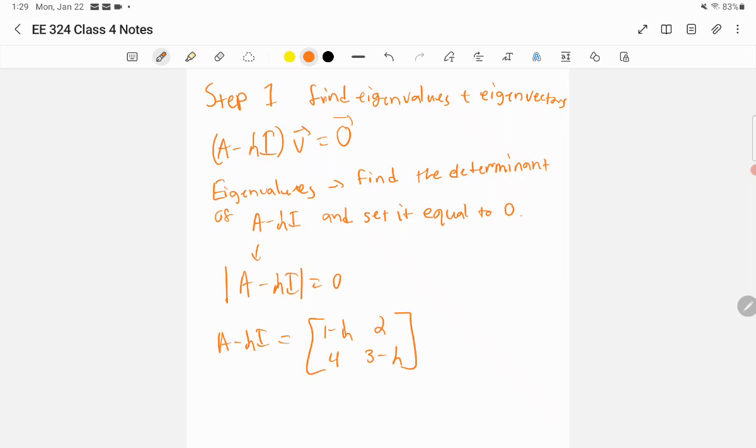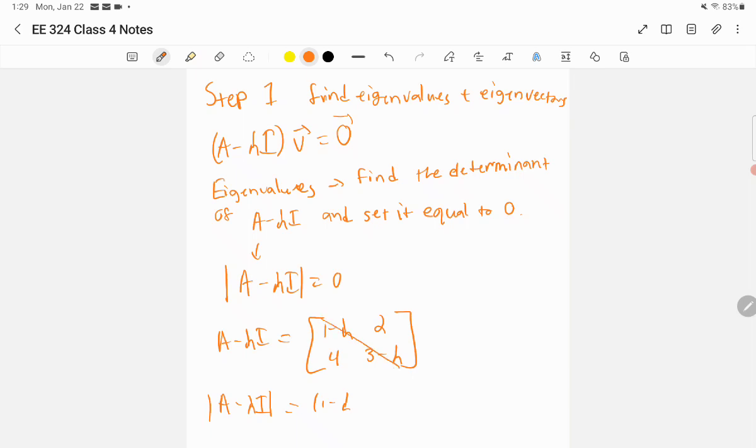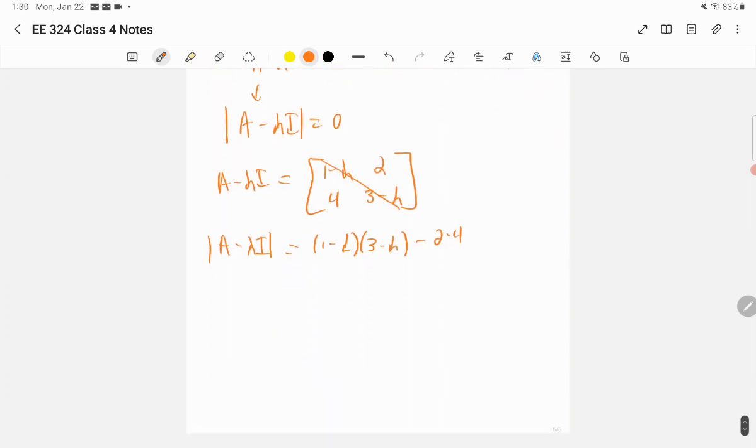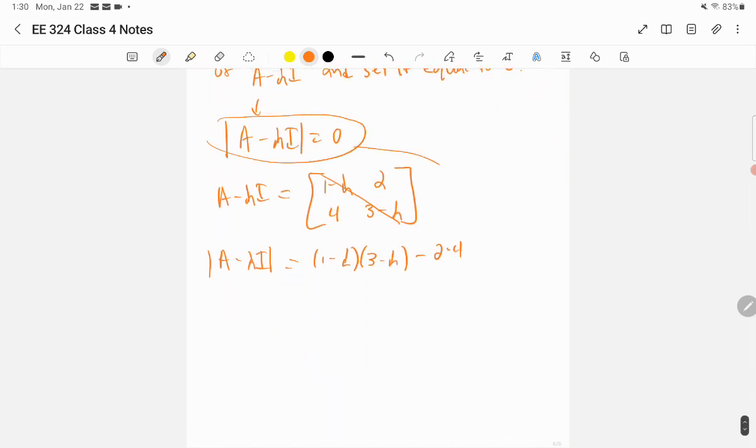So then the determinant of that is equal to 1 minus lambda, right, because I'm going to do this crossing here, 1 minus lambda times 3 minus lambda minus 2 times 4. And using this fact, we're also going to say that has to be equal to 0.